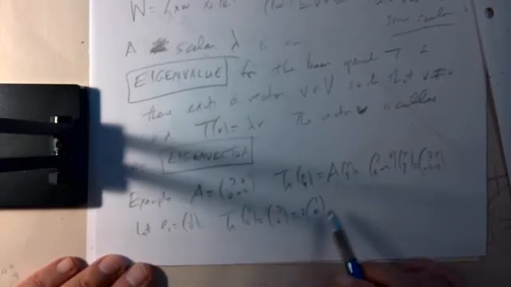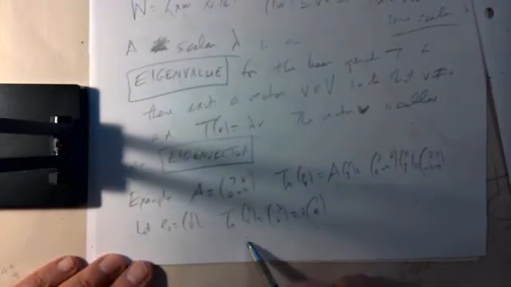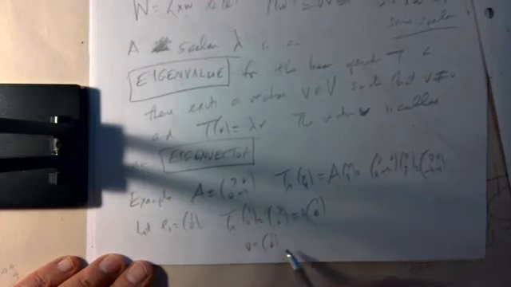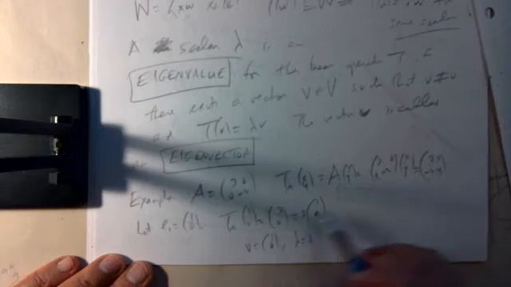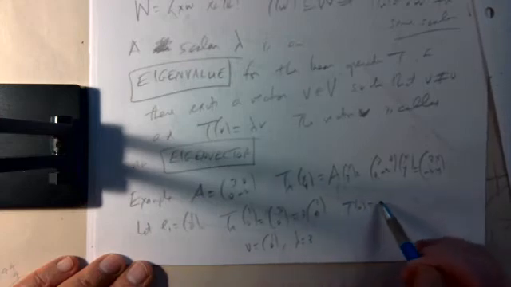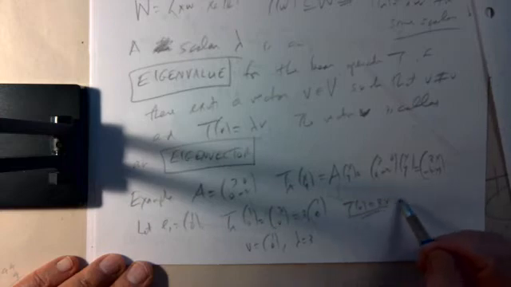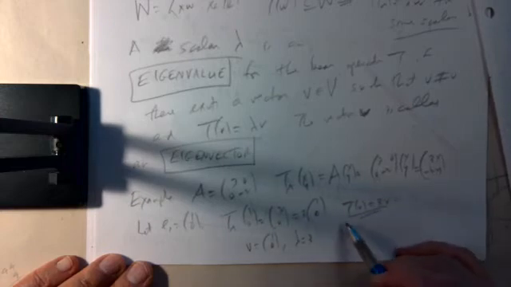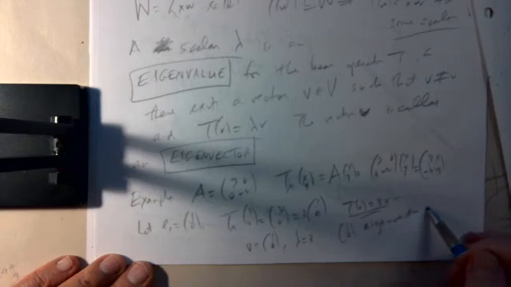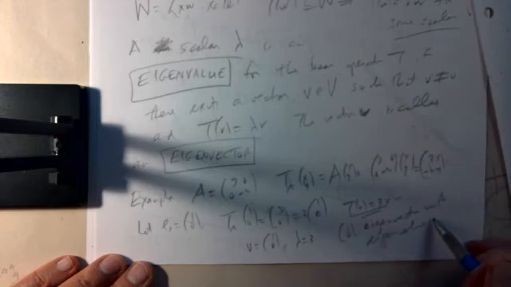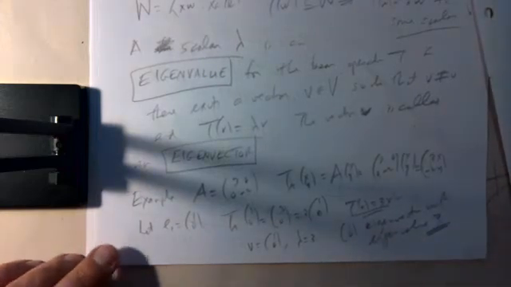So if I let v be the vector (1, 0), and lambda be the number 3, this says that T of v is 3v, or lambda v. So (1, 0) is an eigenvector with eigenvalue equal to 3.